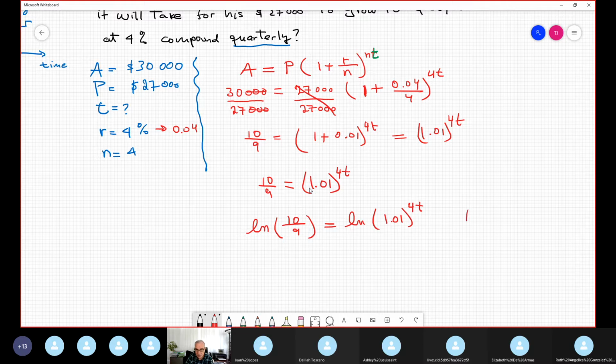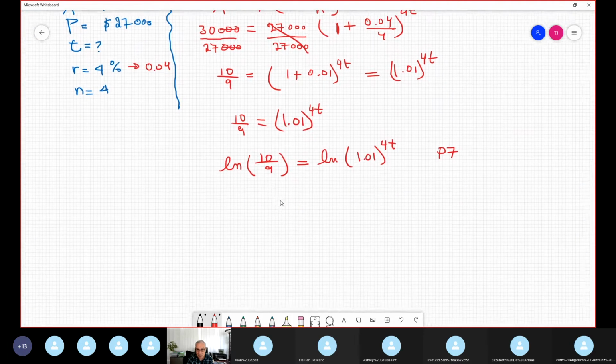I applied property number 7, and property number 7, remember, is fantastic because it allows this exponent to move to the front as a factor.